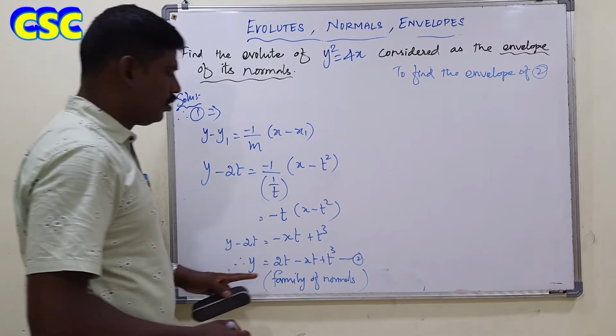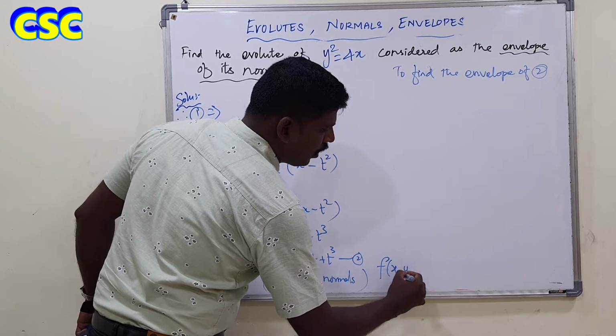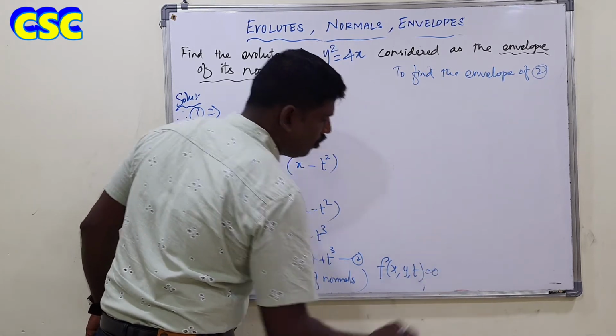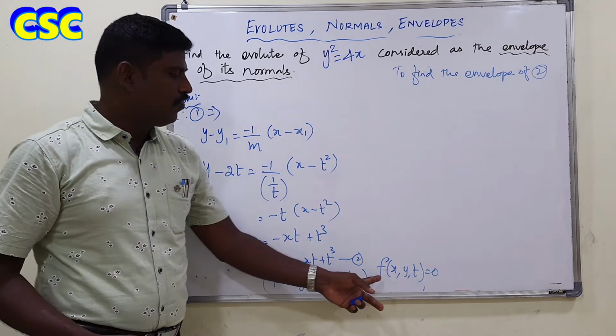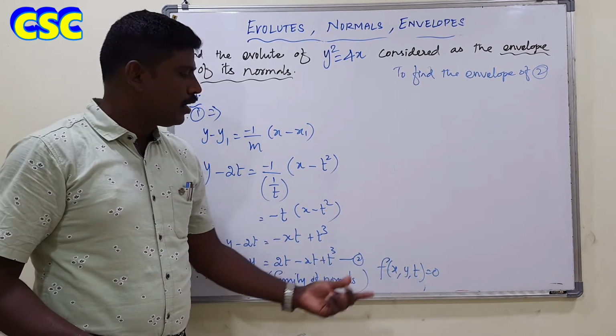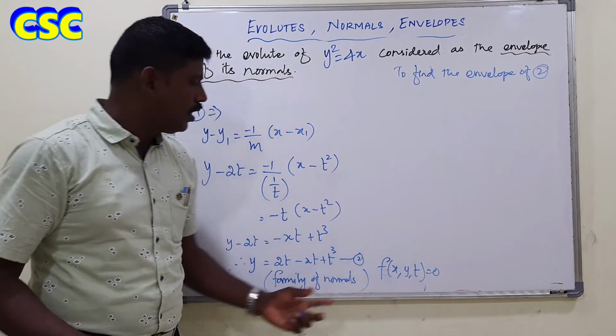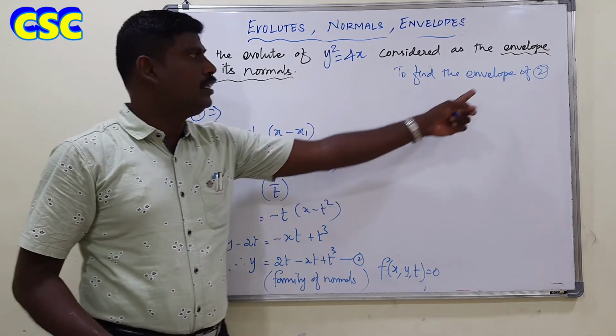So this is of the form f of x comma y comma t equal to 0. Now I am going to eliminate this t from the family of normals to get the envelope.